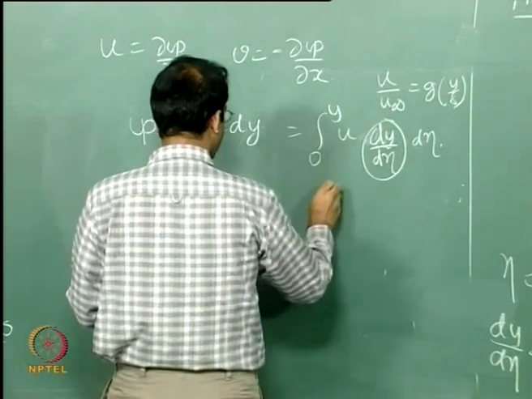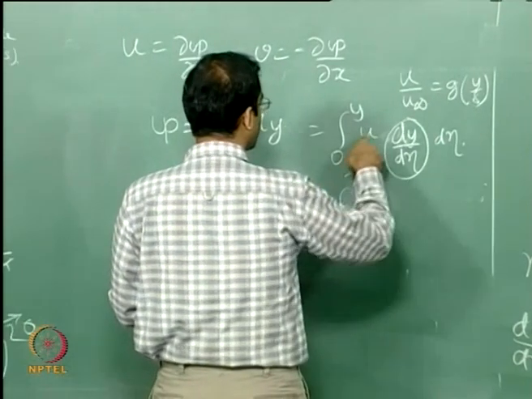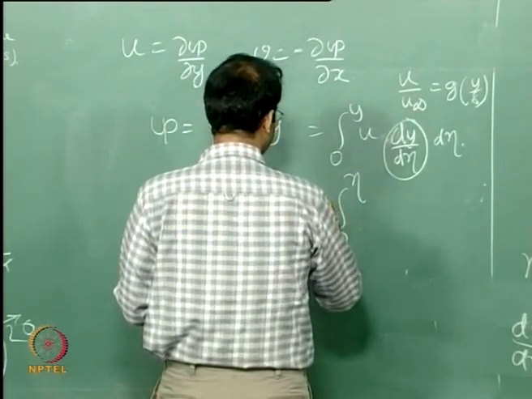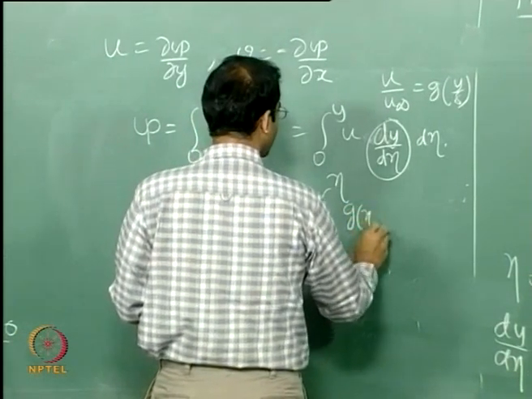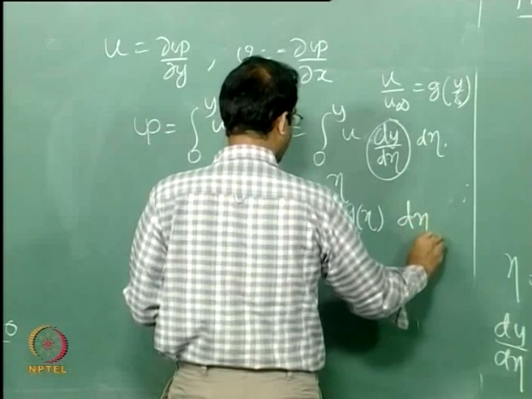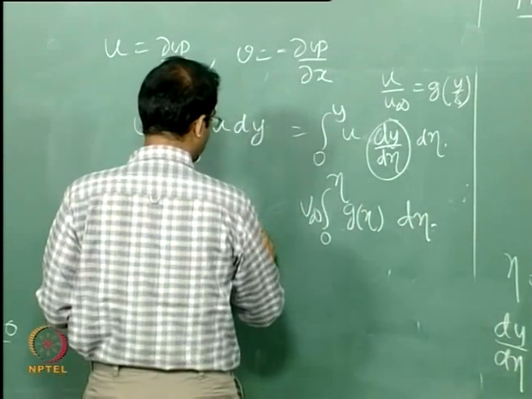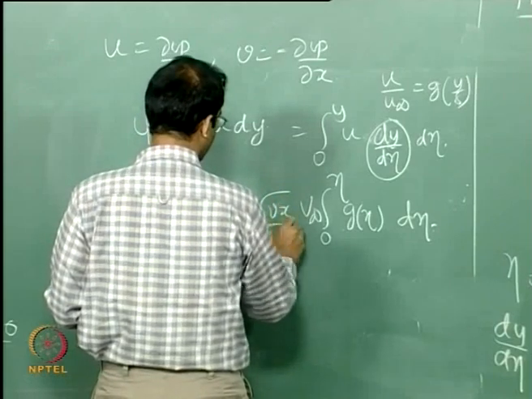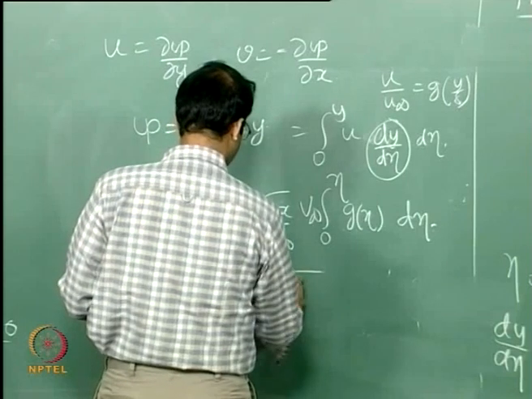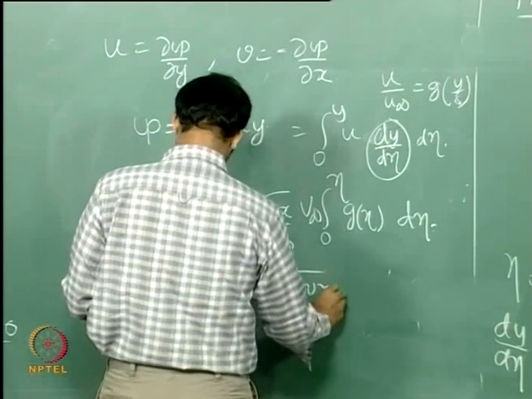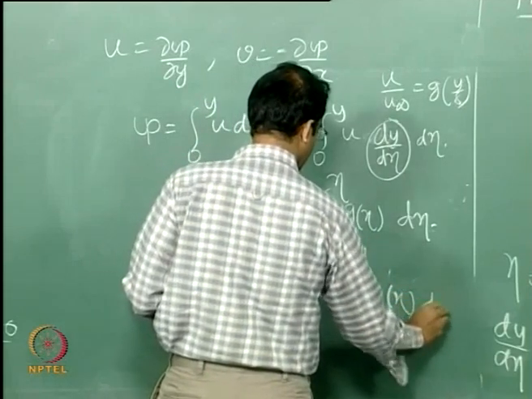So this will be the integral from 0 to eta, since y I am transforming to eta, and u is equal to u infinity, which I can take out, into g of eta d eta into square root of nu x by u infinity. So this is nothing but square root of u infinity nu x times the integral from 0 to eta of g of eta d eta.